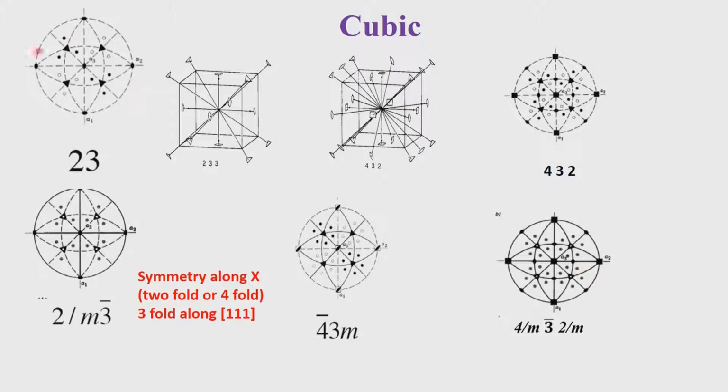As you can see here, in this particular case you have 2 3 3, represented in this diagram, which outlines a tetrahedral type of arrangement, and the cubic 4 3 2, which actually represents an octahedral type of arrangement.